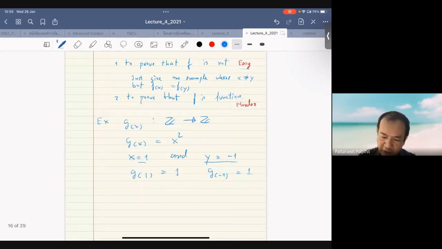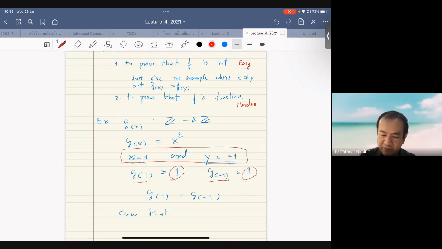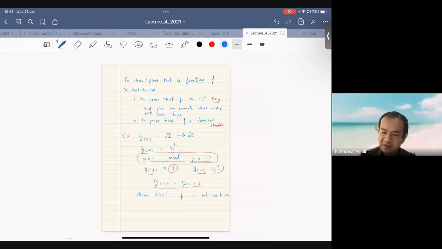This shows that g of 1 equals g of -1, so there is at least one example where x and y are not equal, but g of x and g of y are equal. So this shows that g is not one-to-one. This is easy, just give one example.